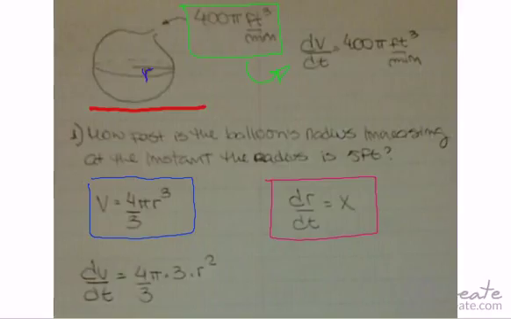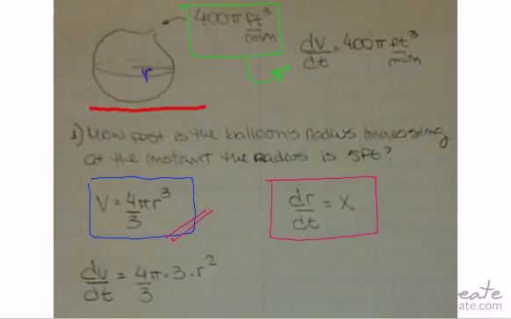The first thing I'm going to do, based on the volume formula, is take the derivative of V with respect to t. We know that 4/3 pi is a constant, so I just need to do a quick multiplication.